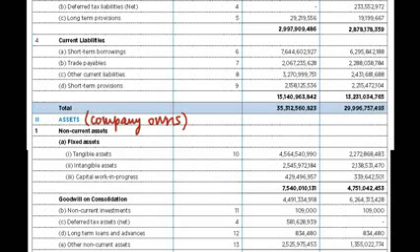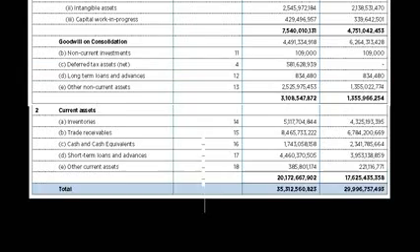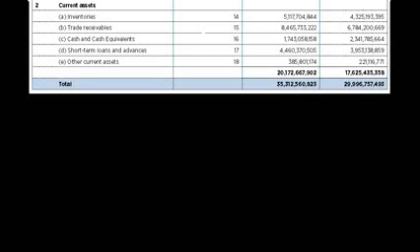From an accounting standpoint, an asset must have three characteristics.